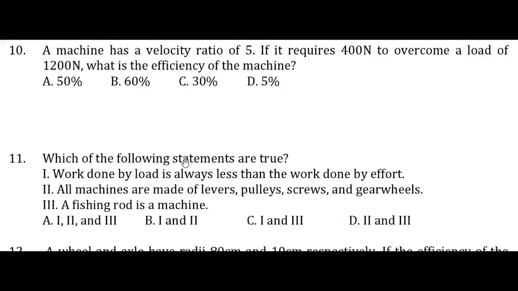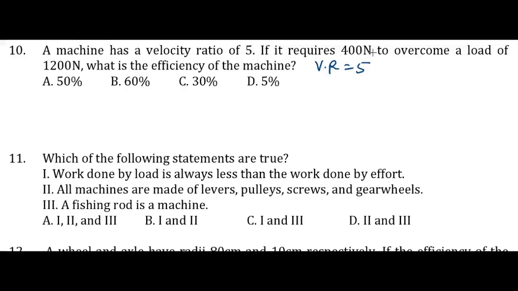Question 10. We have a machine that has a velocity ratio of 5. If it requires 400 Newton to overcome a load of 1200 Newton, what is the efficiency of the machine? So VR equals 5.